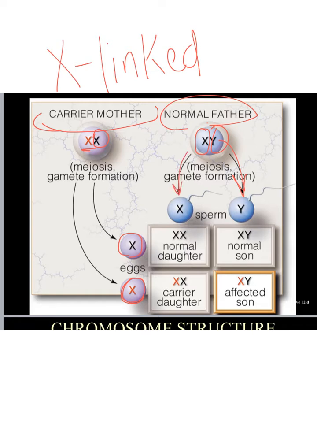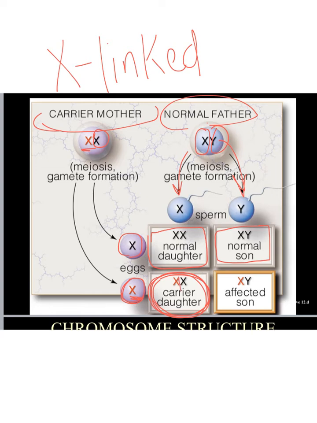When we fill in the Punnett square, we have normal X, normal X, so that's a daughter. We have normal X, normal Y, so that's our normal son. We could get this affected X from mom and our normal X from dad. This is a carrier daughter. She's not going to be affected by this trait, but she is going to be a carrier. She could pass it down to her children.